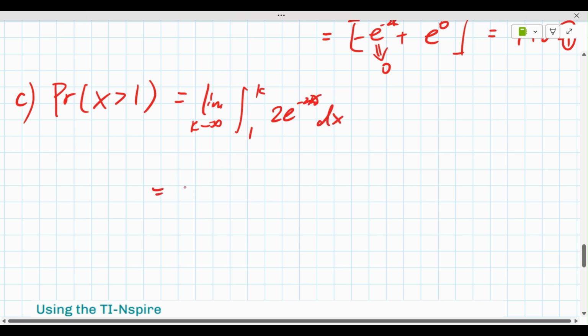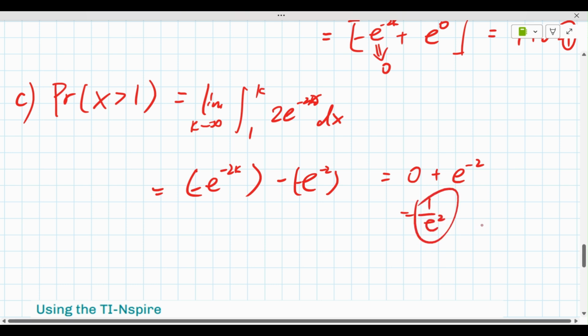Same idea, so we get negative e to the negative 2k minus negative e to the negative 2. So that equals 0 plus e to the negative 2, which equals 1 over e squared.